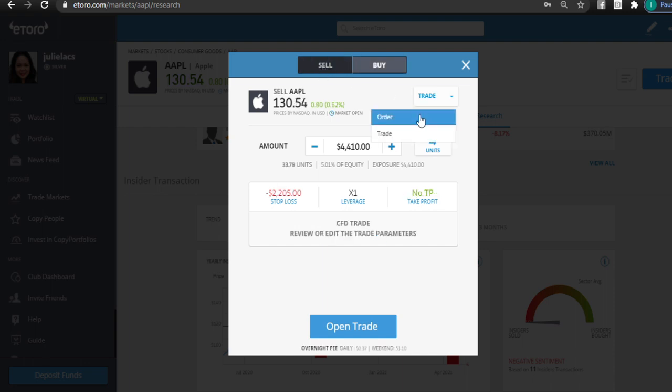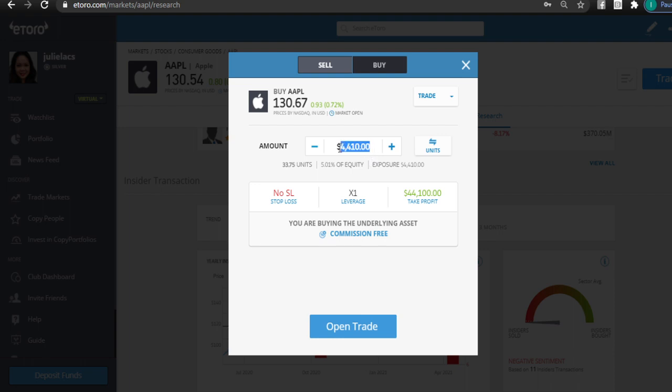In both sections, you can go ahead and trade. Either you click an order or a trade. Click buy, you can also do an order and a trade. But in this exercise, we'll just use the buy because you feel that it's a moderate buy, and maybe you did your technical analysis. When you click trade, by default, it's trade.